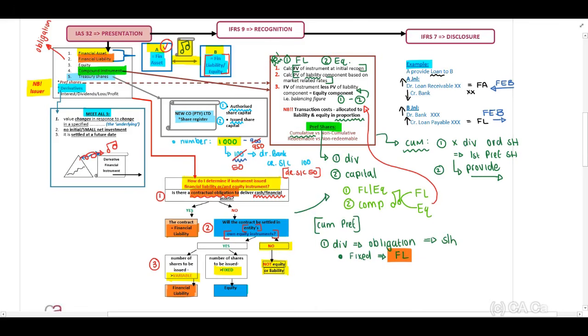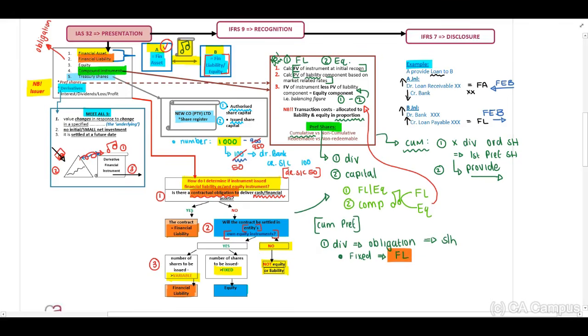For example, interest rate, foreign currencies. Number 2, there will be no or small amount of net investment invested into this financial instrument. And number 3, this will be settled at a future date.